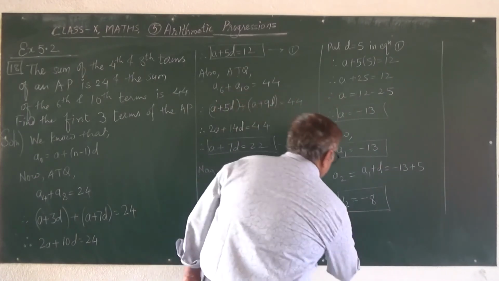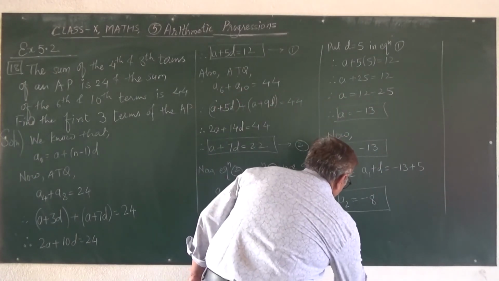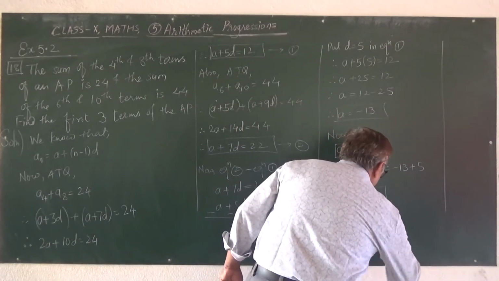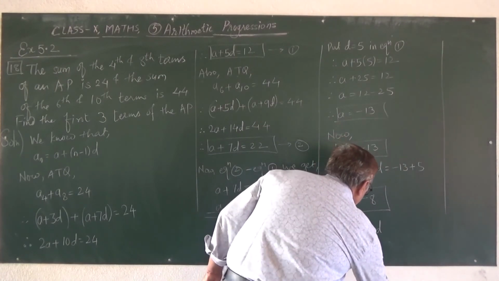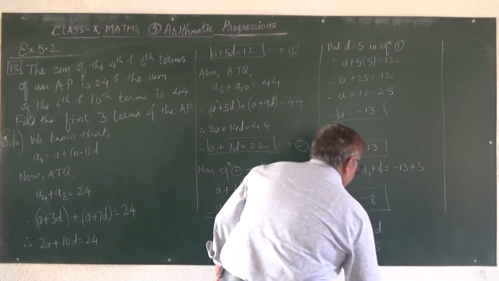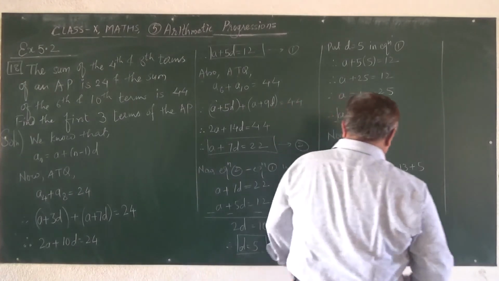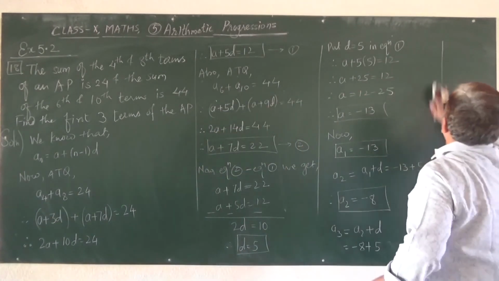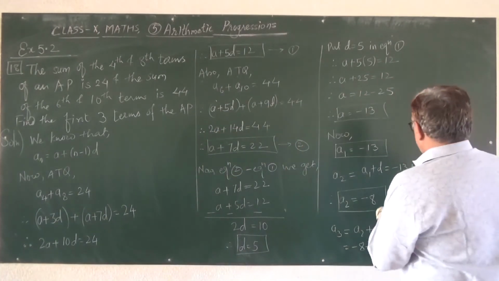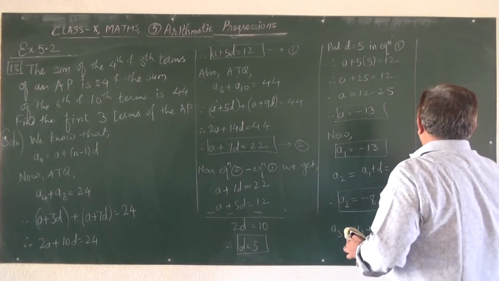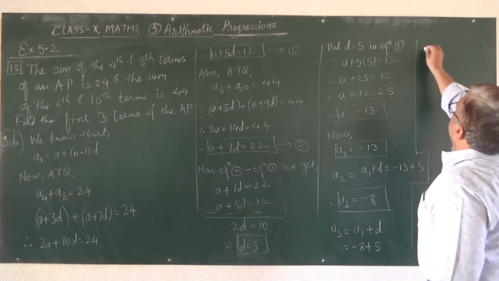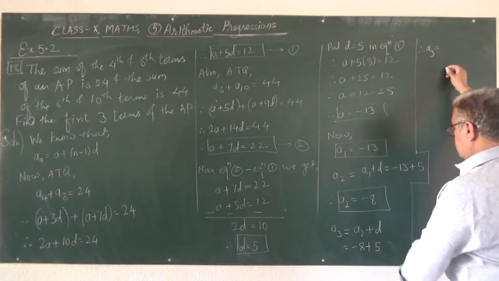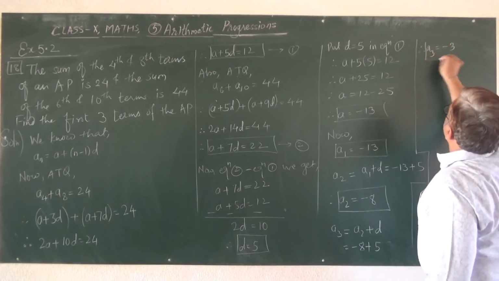Now a3 is a2 plus d. a2 is minus 8 plus d is 5, so a3 is minus 8 plus 5, which is minus 3.